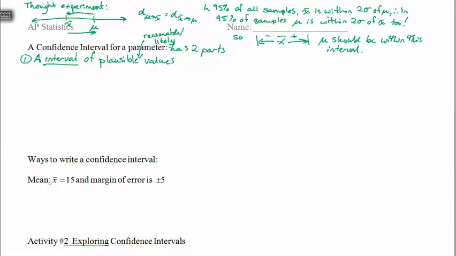So an interval of plausible values for a parameter. And it's written as the point estimate, sometimes just called the estimate, plus or minus the margin of error.